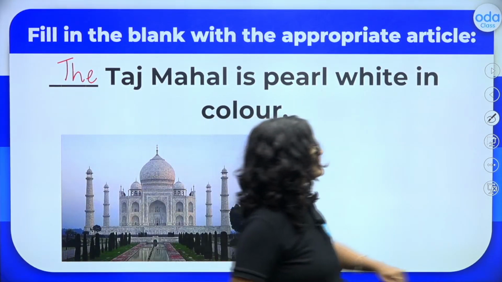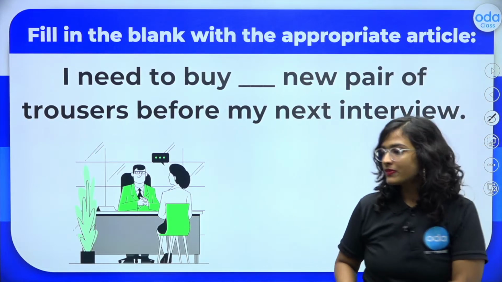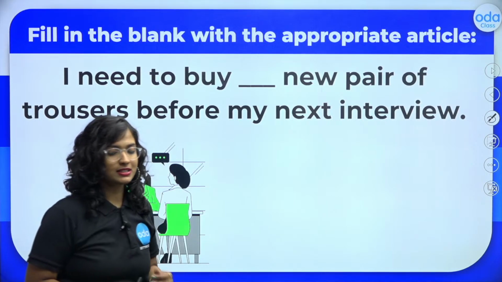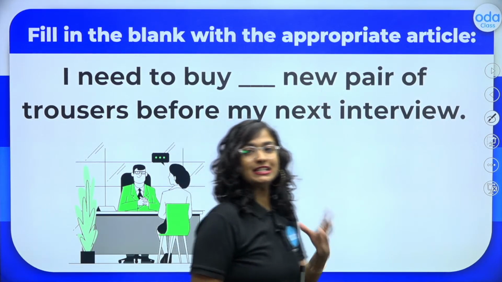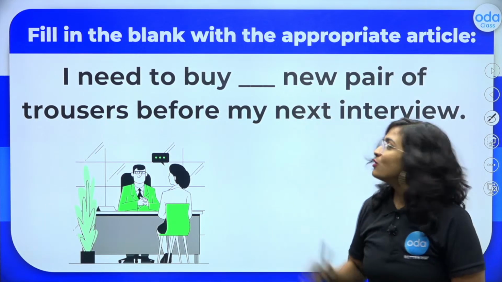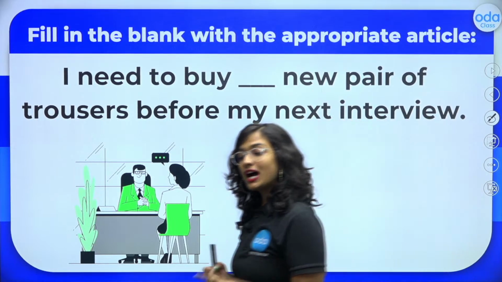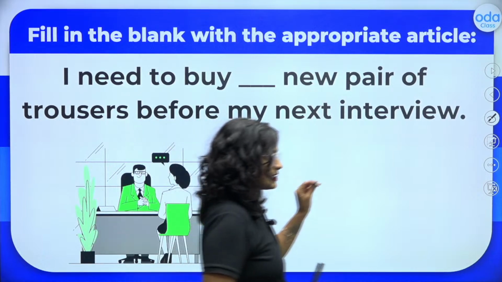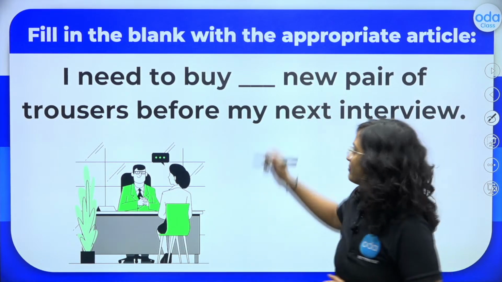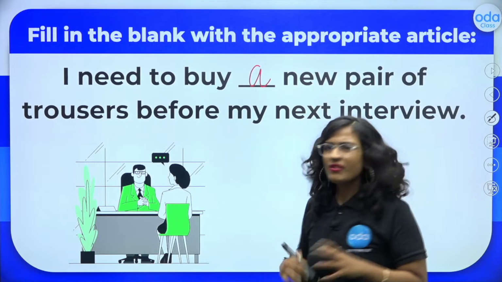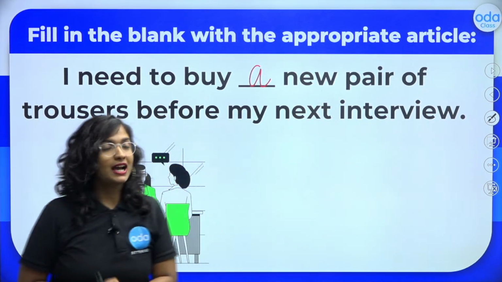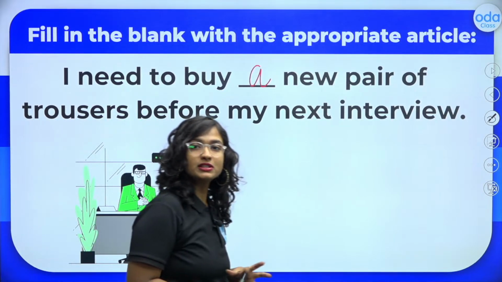Okay, one more quiz to go, students. Tell me, I need to buy blank new pair of trousers before my next interview. What should I use here? Which article will I use here? Now here, students, I will use my article a, because notice, all I'm trying to say here is that I need one new pair of trousers, right?